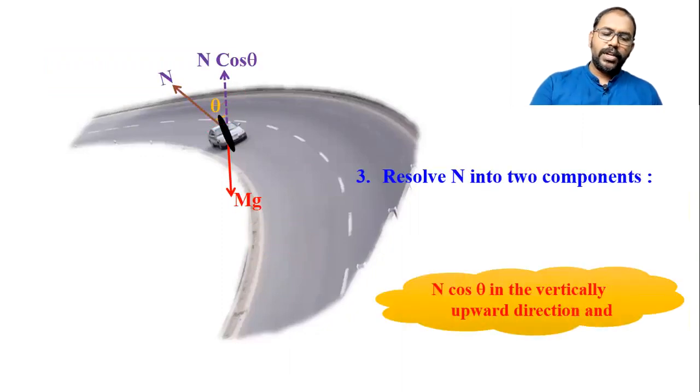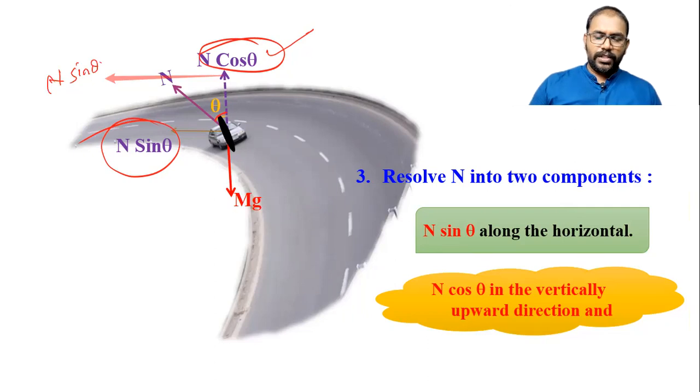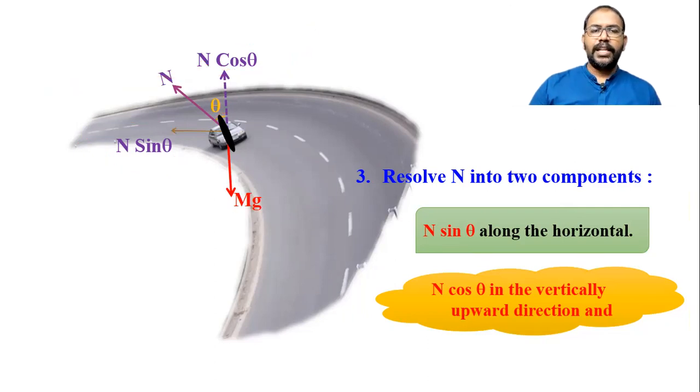The first component is n cos theta, which is the vertical component, and the second component you can see in the diagram is n sin theta, which is the horizontal component. Remember one thing here: the adjacent component is in cos, and the sine component we can show opposite to theta. So this is n sin theta. Here the horizontal component is in sine and the vertical is in cos.